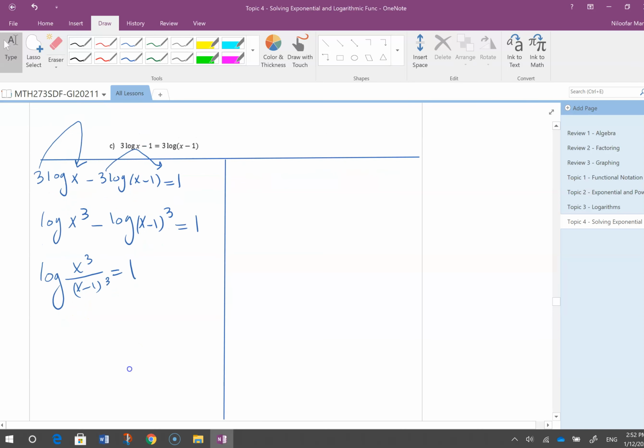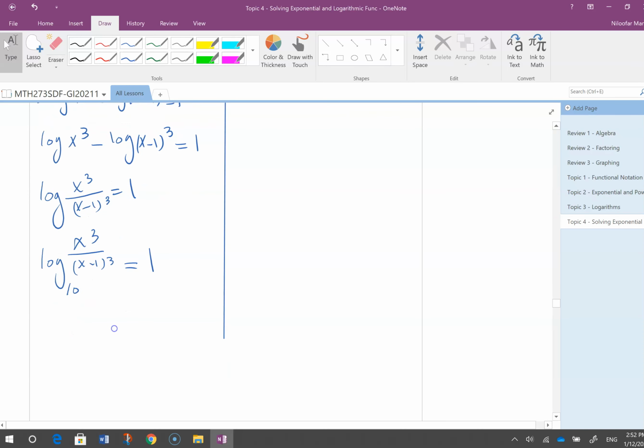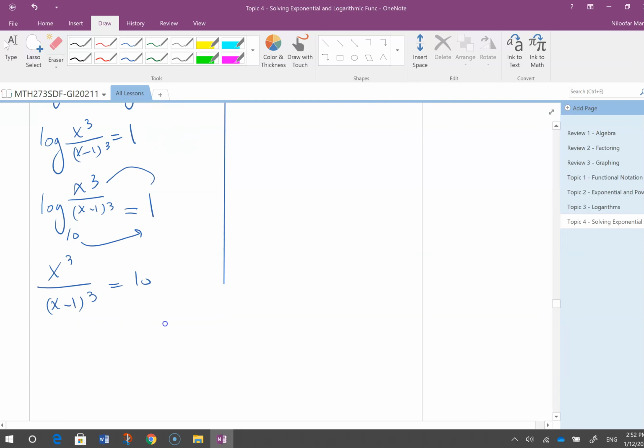Oh, perfect. Then I know, based on the definition, log of x cubed over (x minus 1) cubed, base 10, is 1. When I don't see the base, it's 10. So 10 power this is this: x cubed divided by (x minus 1) cubed is 10.